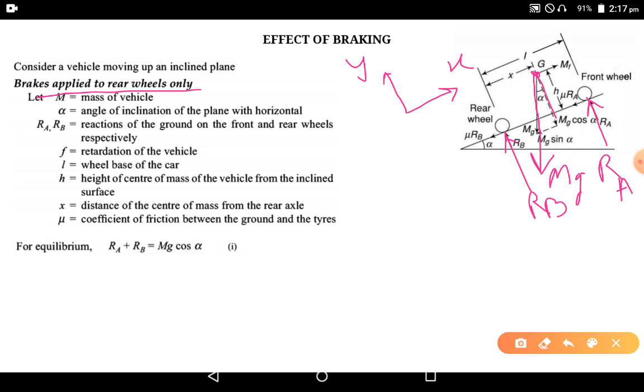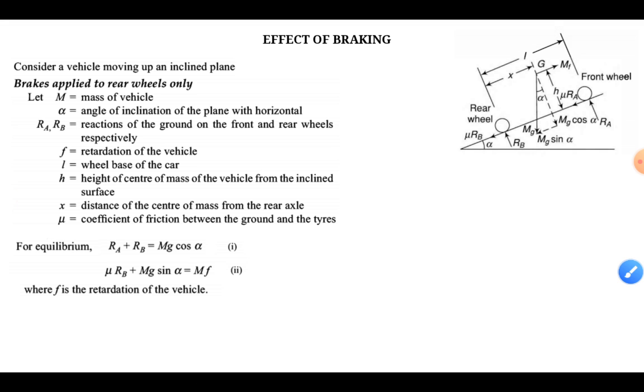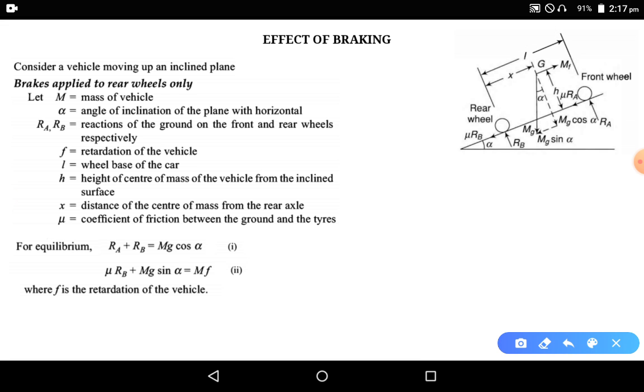This vehicle is making an angle alpha from horizontal, and that's why this line will also make an angle alpha from vertical, right? So we can write for that, mu into Rb. Okay, so mu into Rb is the frictional force which is acting on the rear wheel, right?